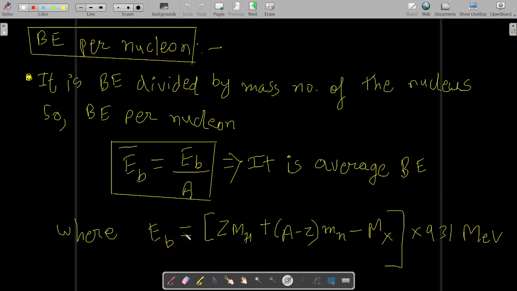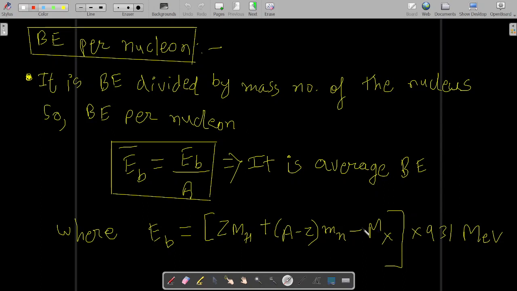If you have watched the previous lectures, you must know this very well: the binding energy is given by [Zmh + (A minus Z)mn minus mx], where mh is the mass of the hydrogen atom, Z is your atomic number, meaning the total number of protons, A minus Z is the total number of neutrons, mn is the mass of each neutron, and mx is the isotopic mass of the atom rather than the nucleus.